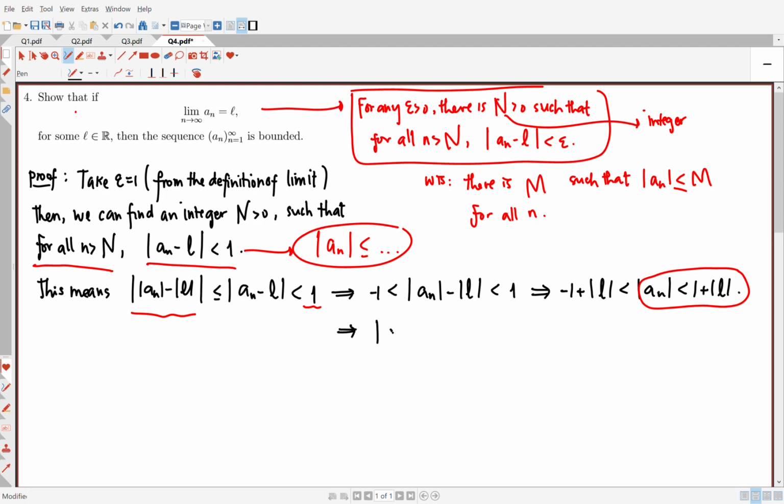So strictly less than 1 plus the absolute value of L. But what we want is less than or equal to. But can we just add the equal sign here?